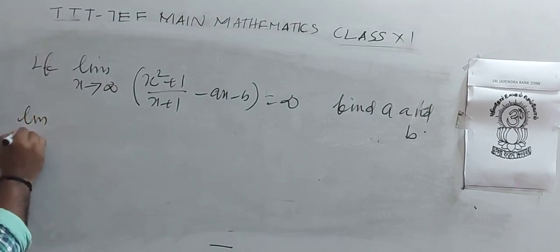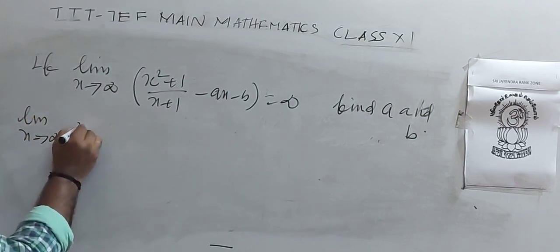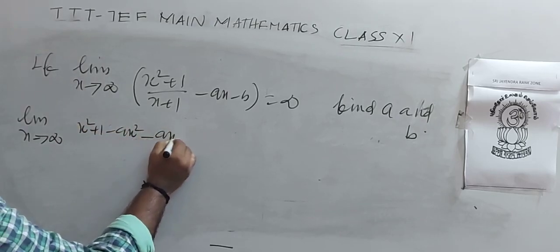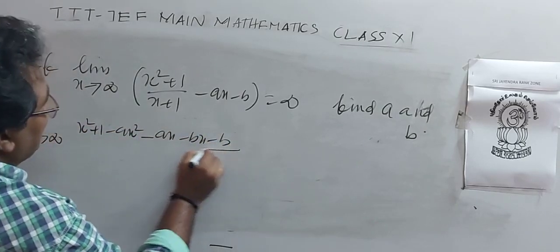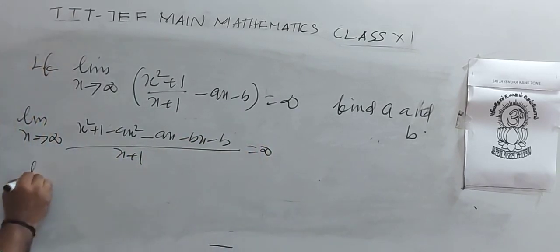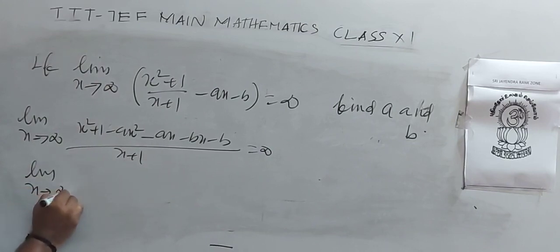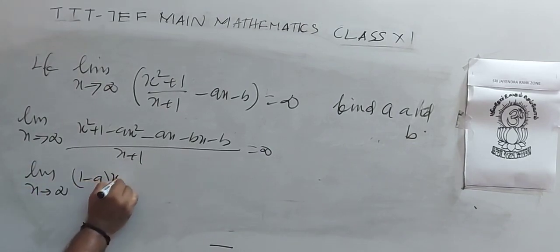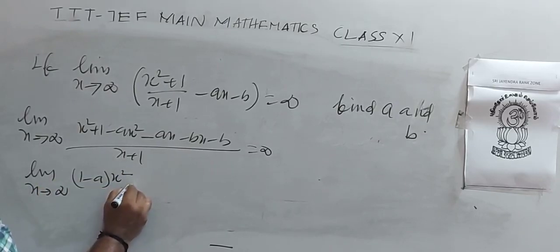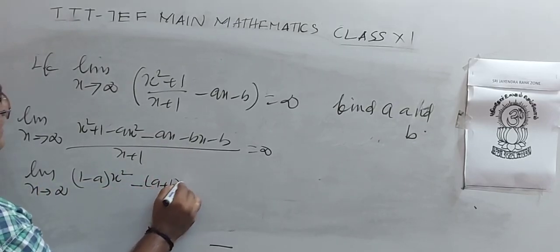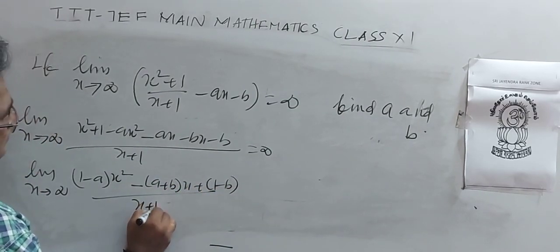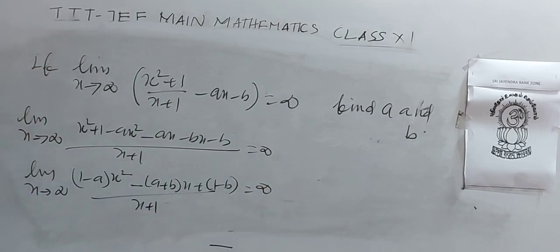The limit as x tends to infinity of (x² + 1 − ax² − ax − bx − b)/(x + 1) equals infinity, that is, ((1 − a)x² − (a + b)x + 1 − b)/(x + 1) equals infinity.